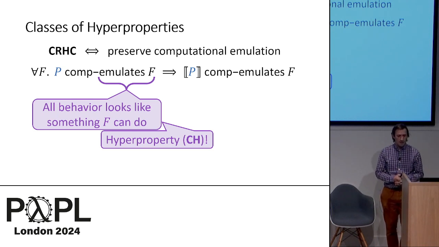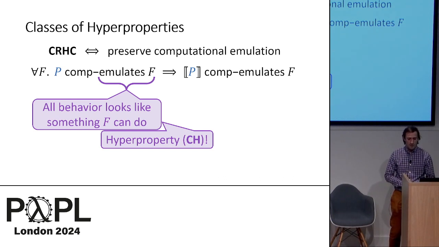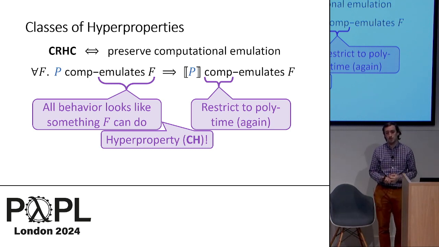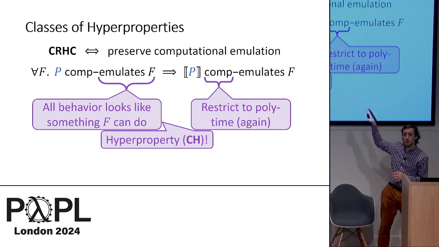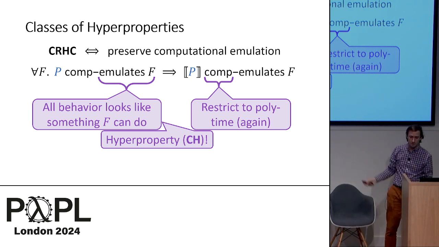And the computational here, though, is not actually exactly about the hyperproperty specifically. We also need to restrict the class of contexts we look at the same way we did before. So this is actually going to put the same restriction. We're going to need the same extension to the framework that we had before to even state this computational requirement.